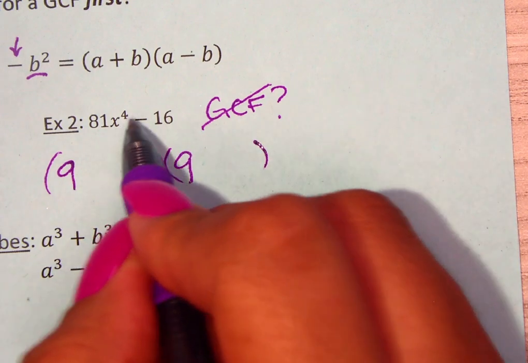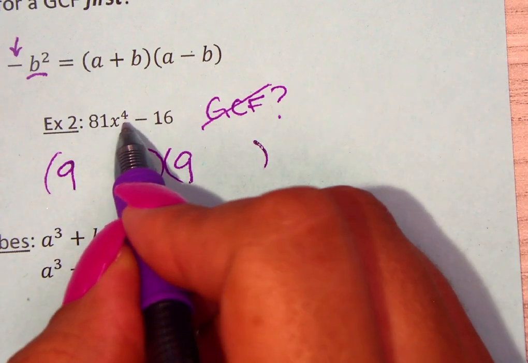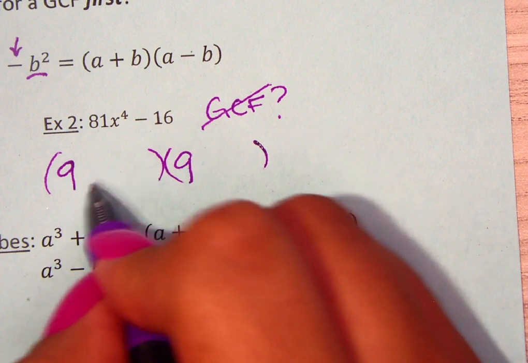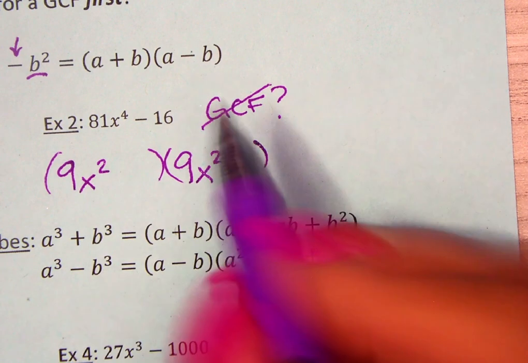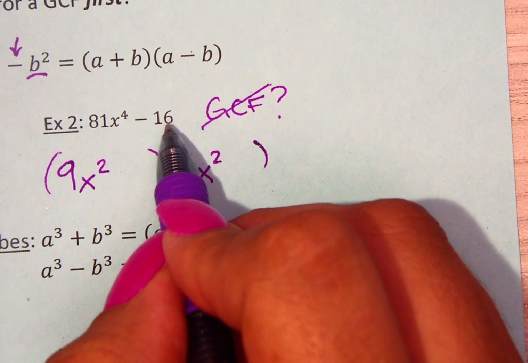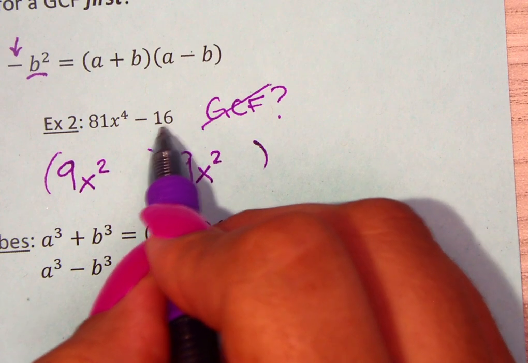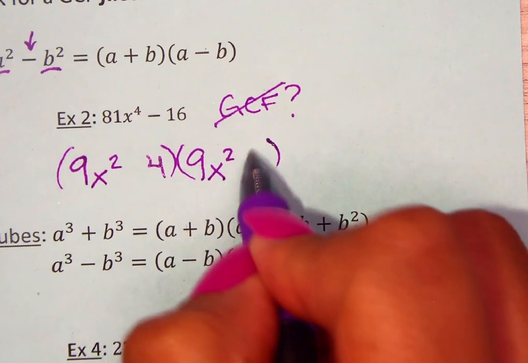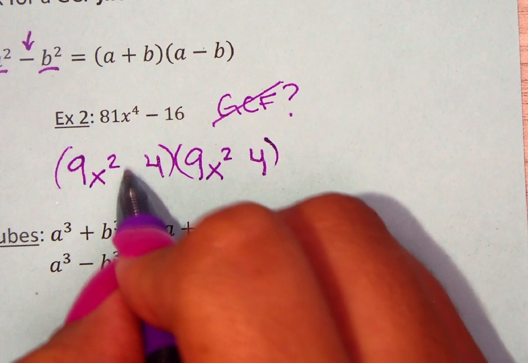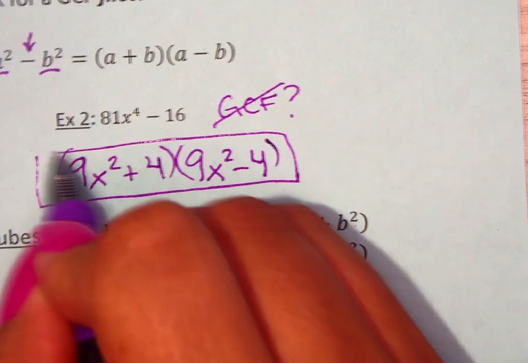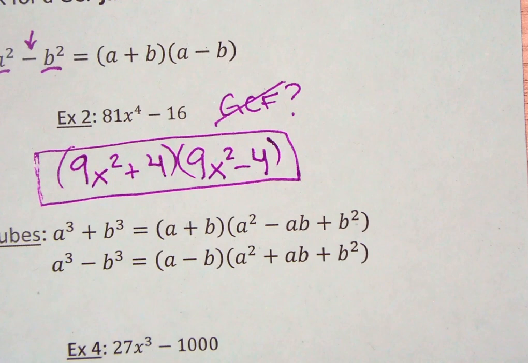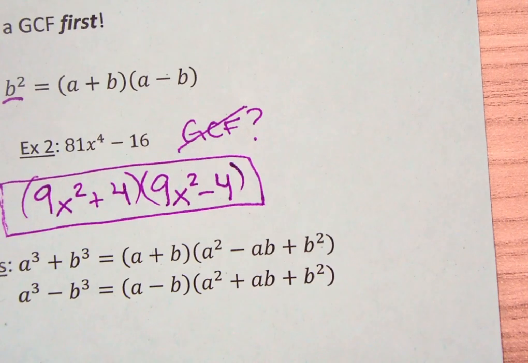And then x to the 4th, you cut that in half because it multiplies times itself, so you do x squared. Then you think about the 16, and that's 4 times 4. Then you just put a plus and a minus. So this will be the answer for the difference of perfect squares. Hope this video helps you understand that.